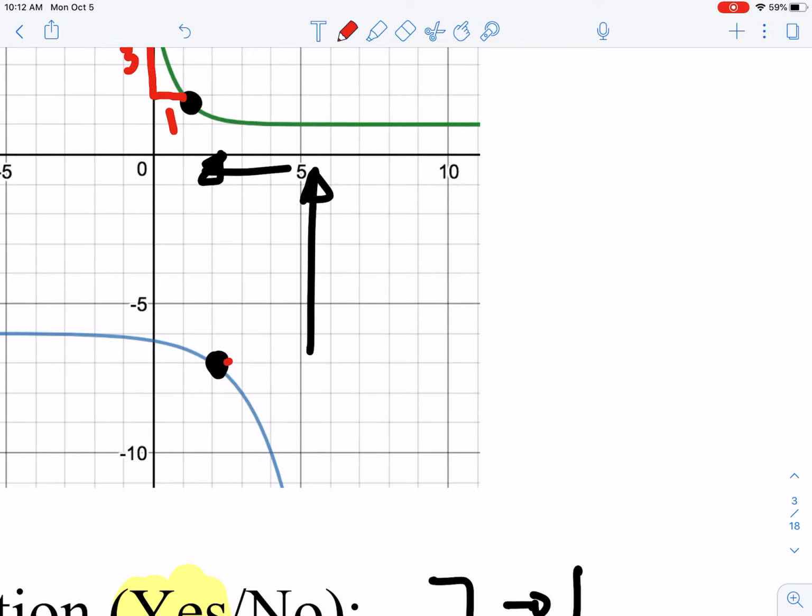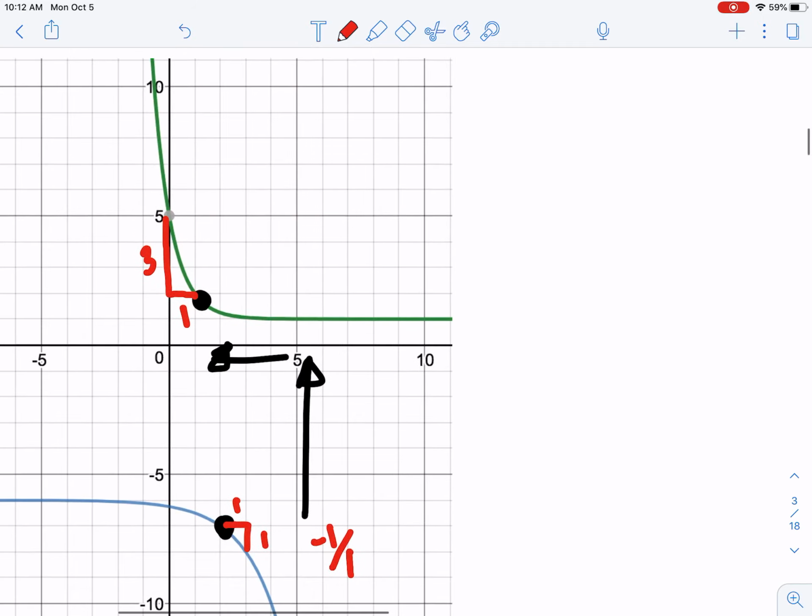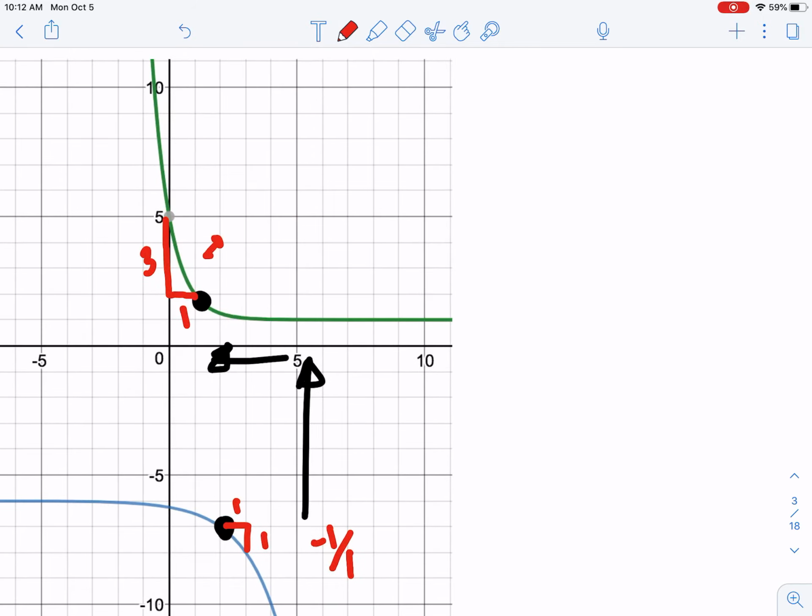If I go over 1 from here and then down 1, this would be change in y of 1, or -1 since I went down, over 1, positive, since I went to the right. This one, change in y was +3 over change in x, which was to the left 1. So this is -3. This is -1.